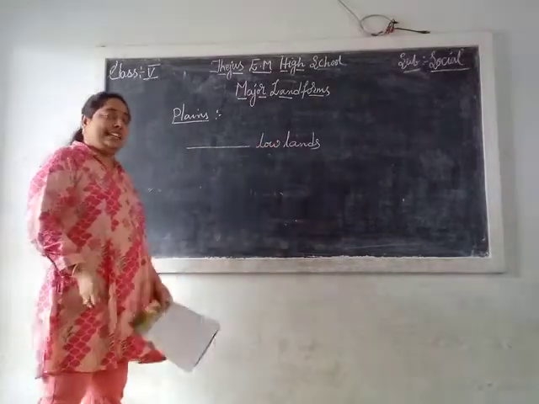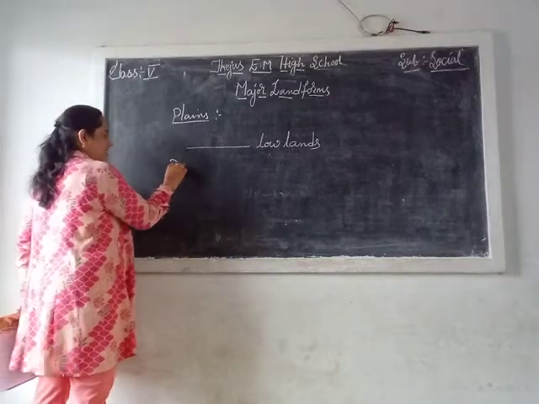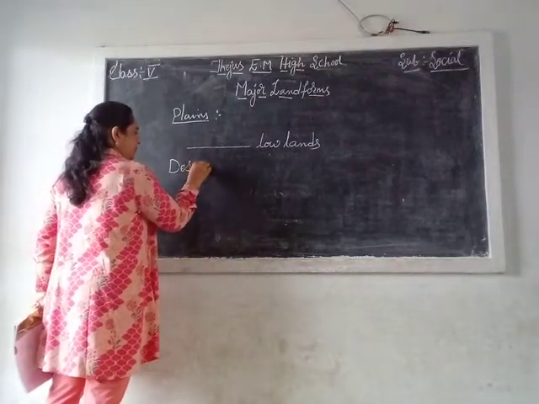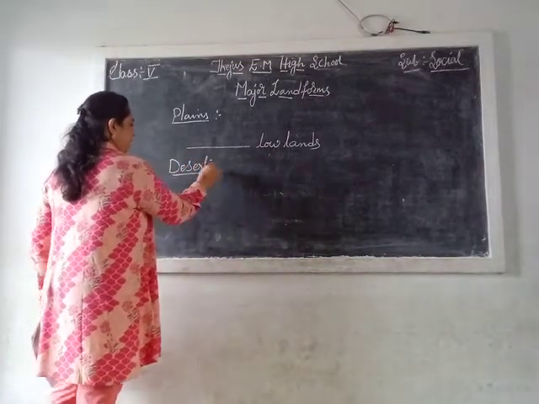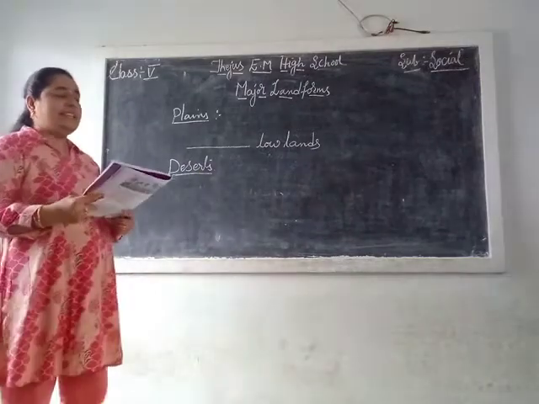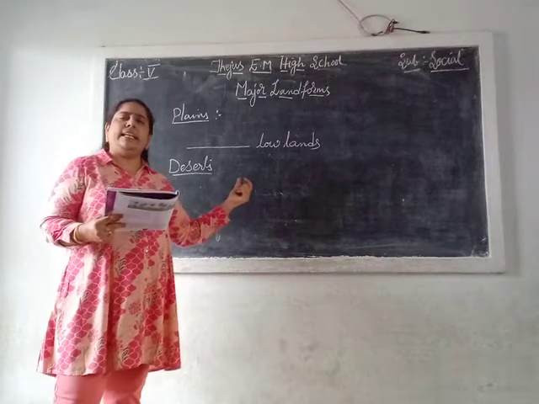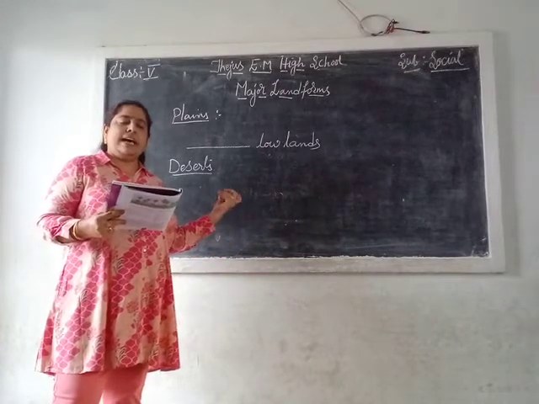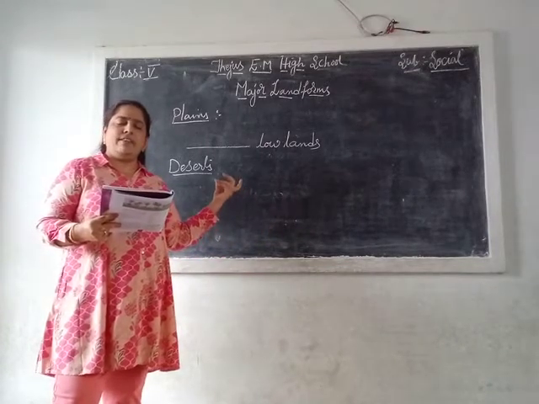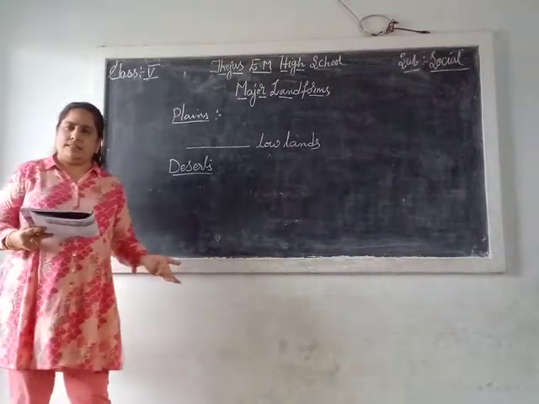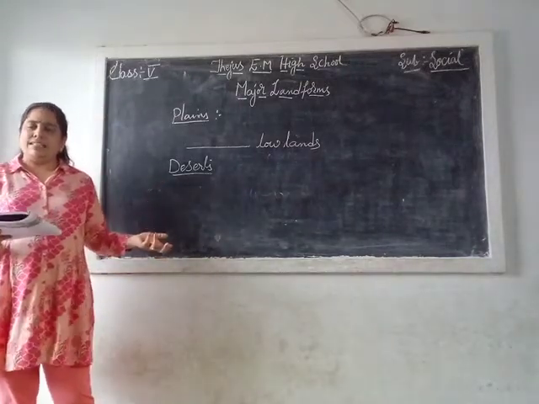Coming to the deserts. Deserts are land areas that receive very little rainfall. Where do we have deserts?